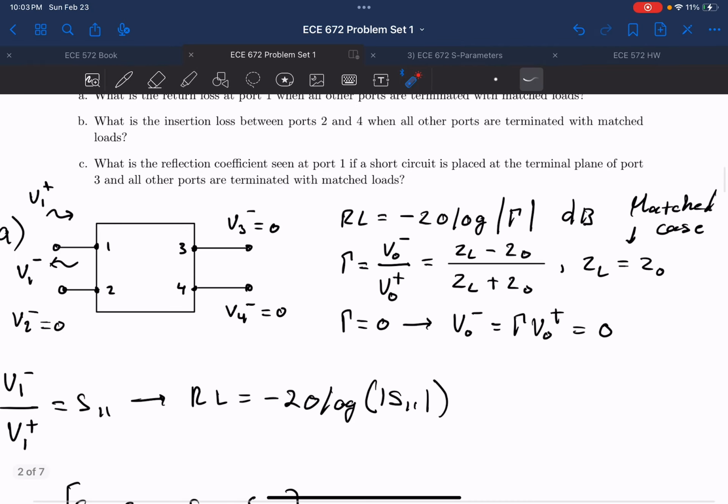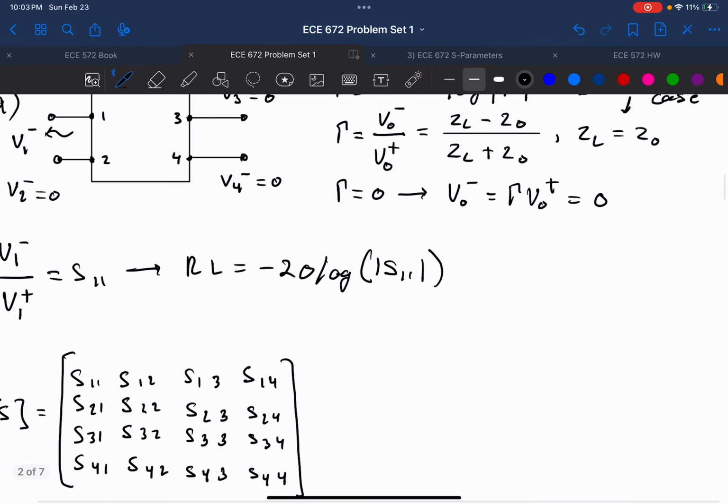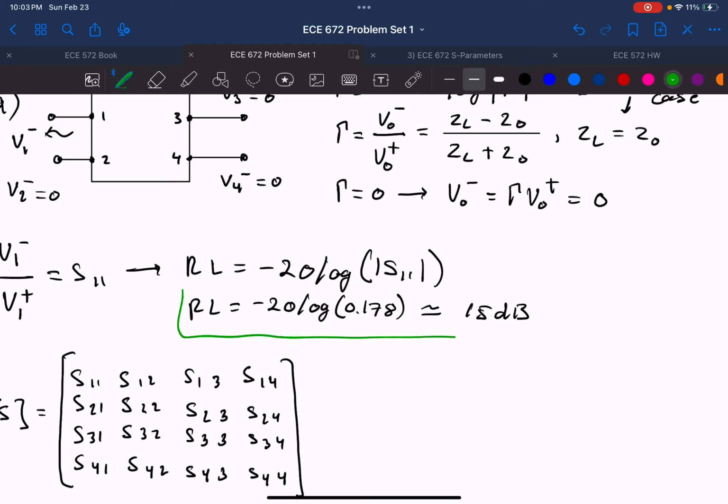So the magnitude of S11 will be 0.178. So the return loss is equal to minus 20 log of 0.178, which is approximately 15 dB. And so that's part 1.